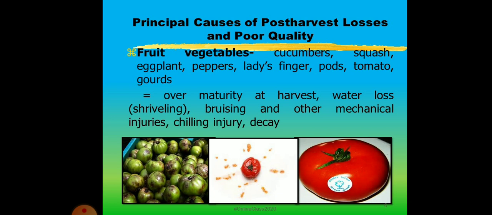So never store your fruits and fruit vegetables in extremely low temperature. Otherwise, if you were to treat them in extremely low temperature, then chilling injury will occur. So we will teach in the succeeding slides what is the recommended temperature per commodity.